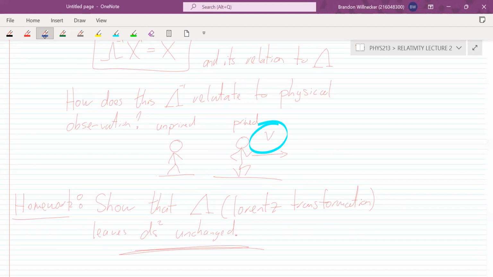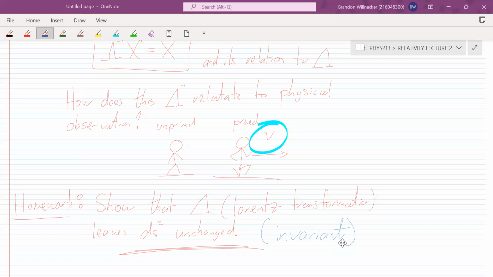Another way of writing that is it's invariant under coordinate transformation. So it's independent of how you actually measure things. And we will see later on other quantities that are invariant, for example, your mass. If you're in one coordinate system and I'm in another, your mass is your mass.